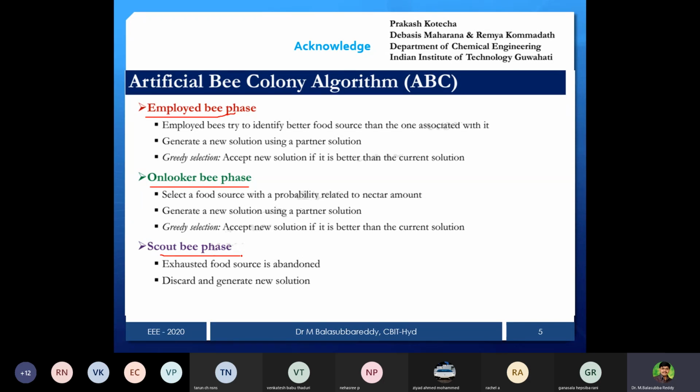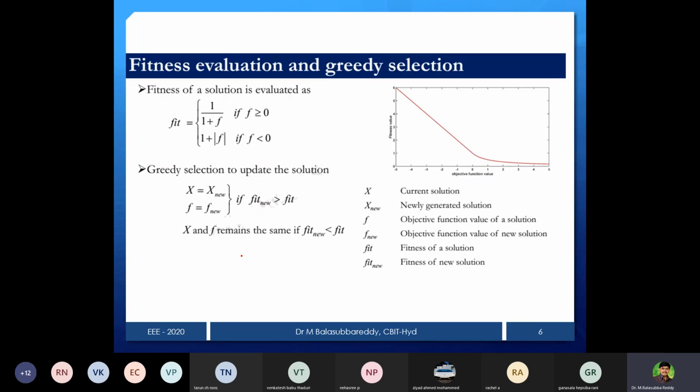That result passes through the onlooker bee phase, which does a more or less similar procedure. In the final stage, the worst solutions are discarded and replaced by another solution, and the best or minimum solution obtained is our final answer. Like that we need to proceed further.